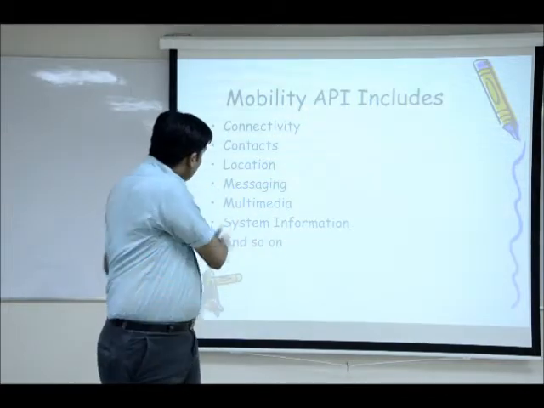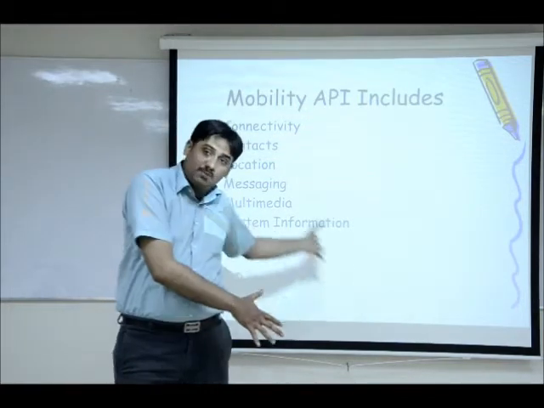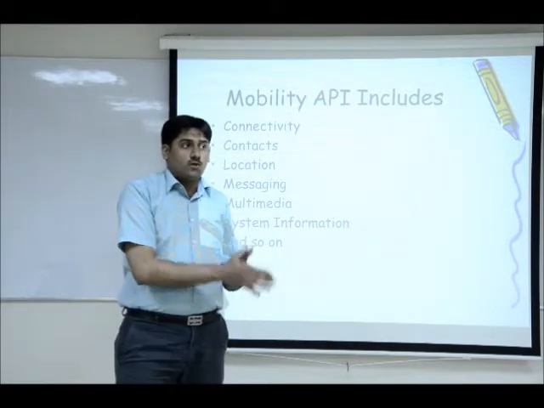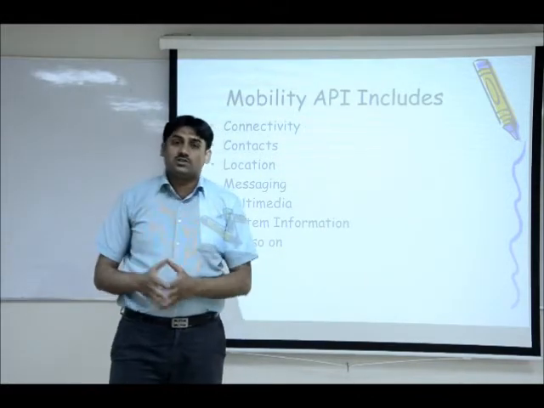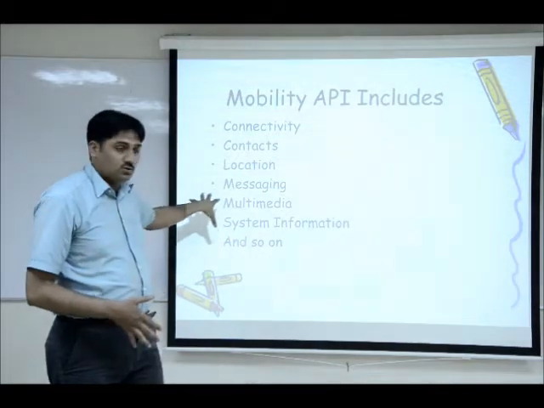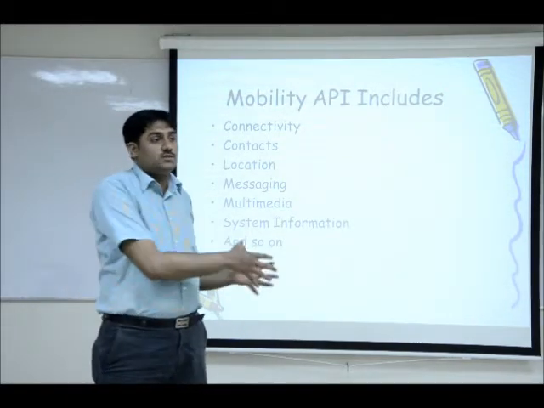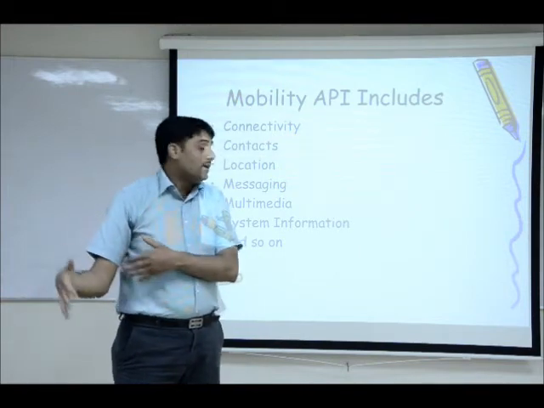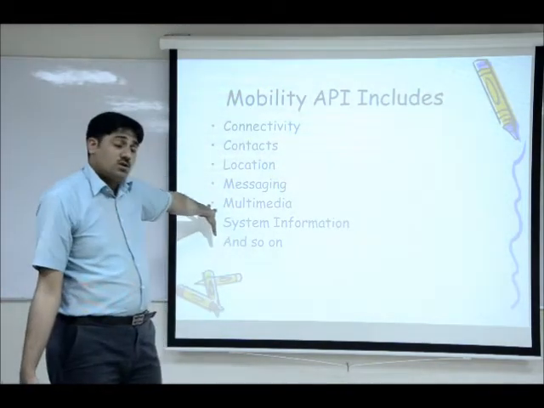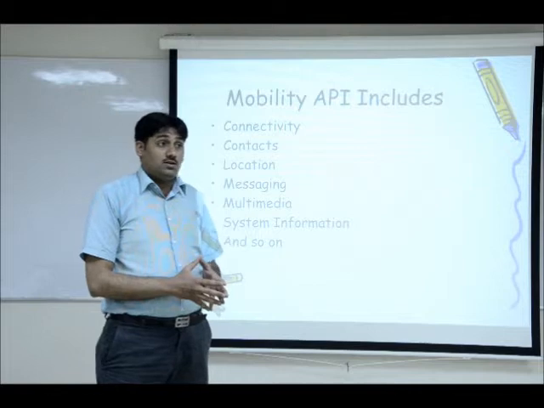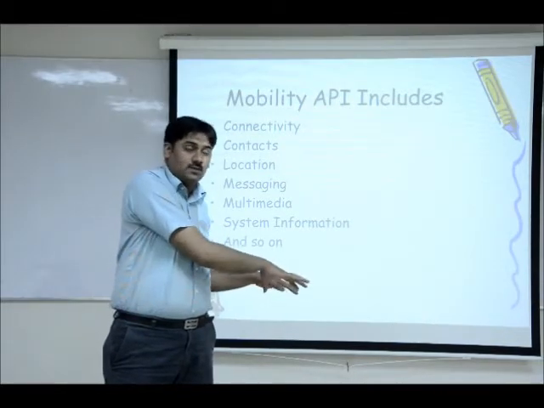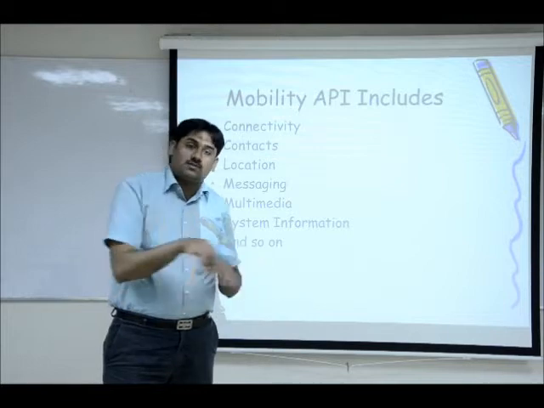The second one is the contacts API, which is used to get contact information from local and remote locations. The location API is used to get the positioning of the user, landmarks, and stuff like that. And the messaging API provides the functionality of sending SMS and receiving MMS, etc.